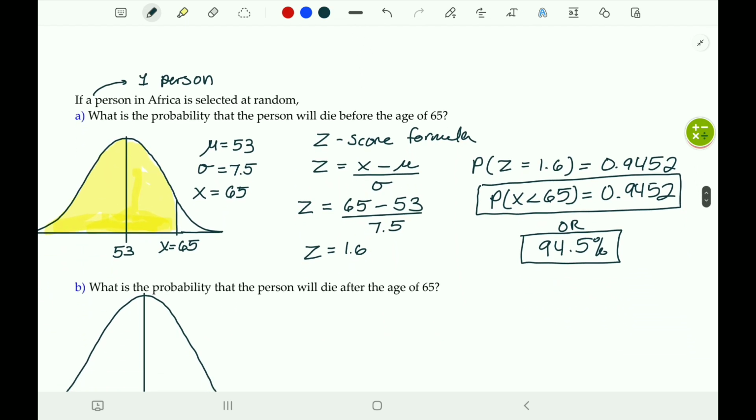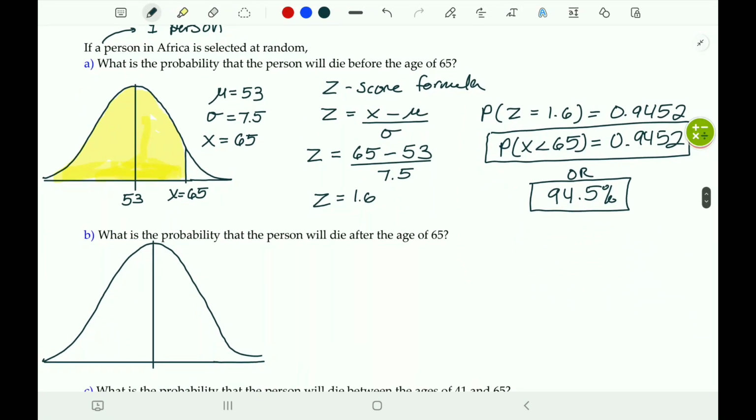Now, when it comes to B, it says, what is the probability that the person will die after the age of 65? So once again, the mean is 53. The standard deviation is 7.5. The score that we're focusing on is 65. You do not have to draw the bell-shaped curve if you don't want to, but I choose to do it to give a visual representation.